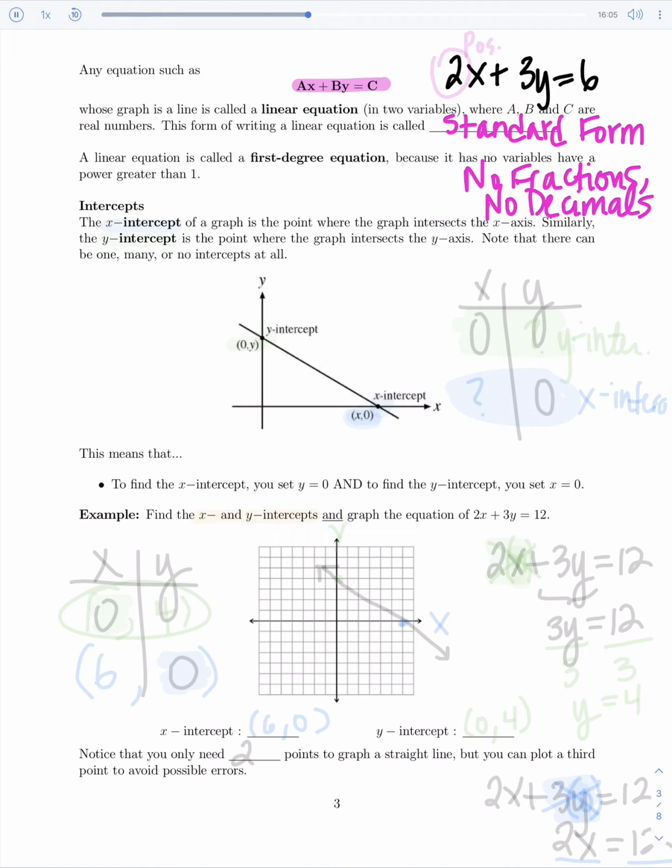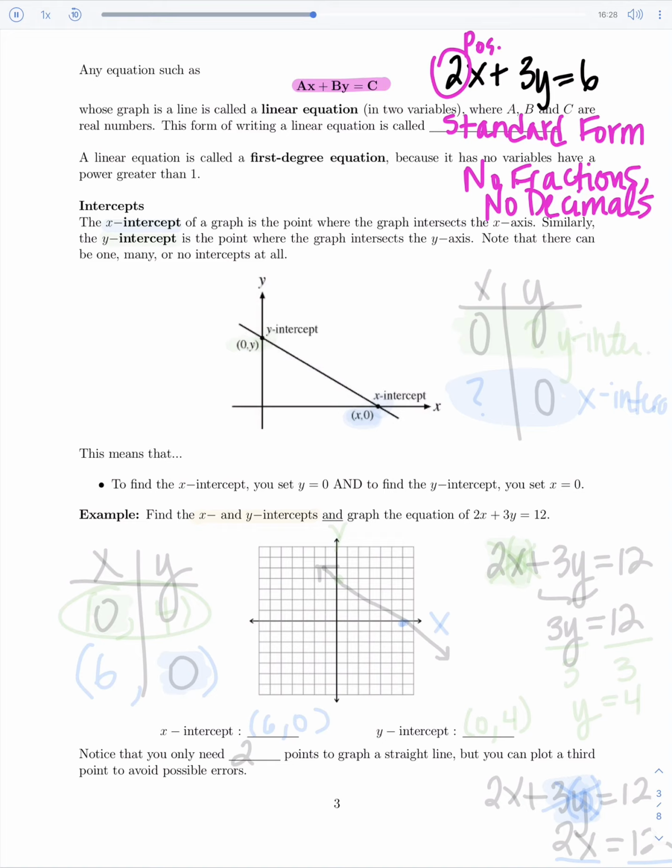And if possible, they really prefer this first term to be positive. That's not always possible, but they would like it to be. Okay, so standard form means we've got the x and y on the same side, a number on the other side, and we shouldn't see any fractions or any decimals. That's what we're going to start off by looking at.